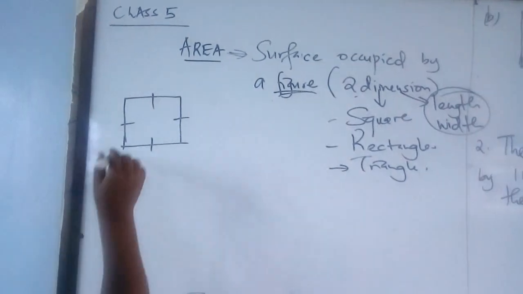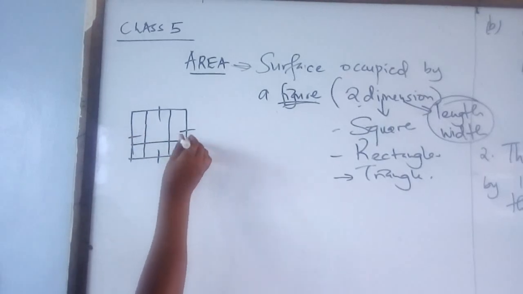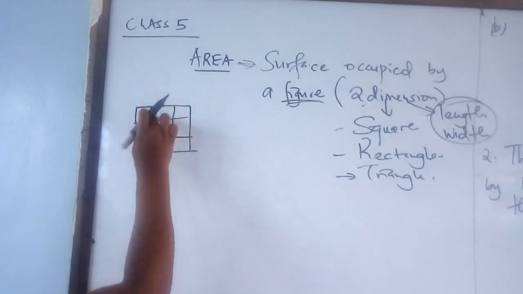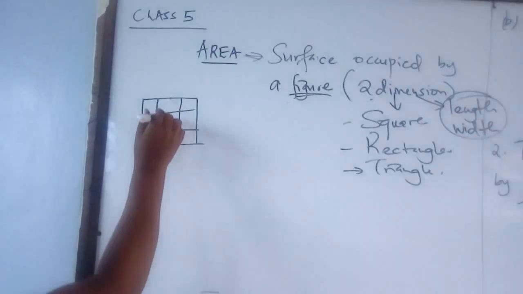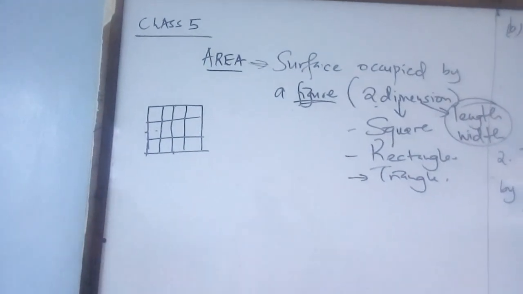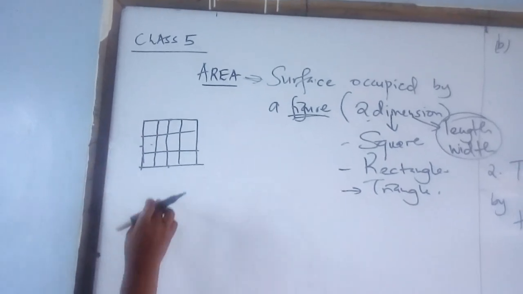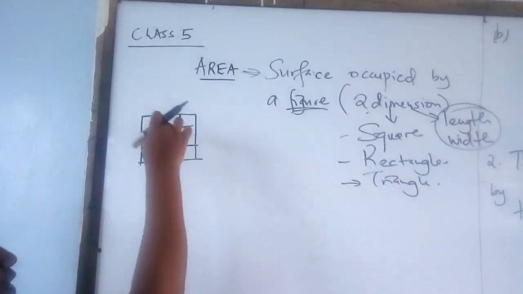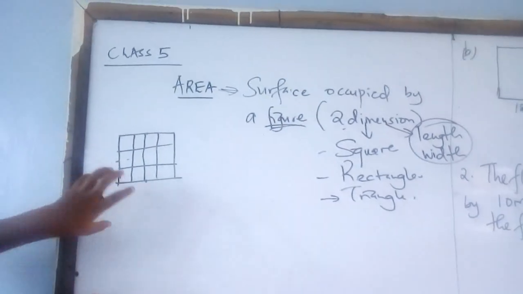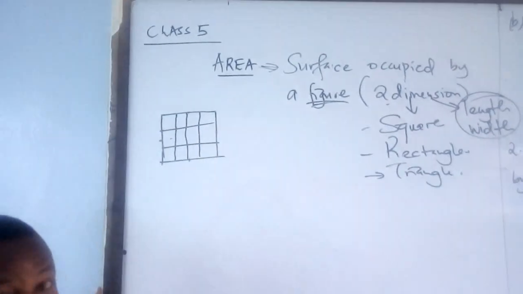If you divide it into equal squares, for example, if you look at our figure here, let's say these ones are equal squares, measuring 1 centimeter by 1 centimeter, and we want to find the area of these. So if you count the number of squares in this square, then it is representing the number of squares that are enclosed by this square, then it is representing the surface.